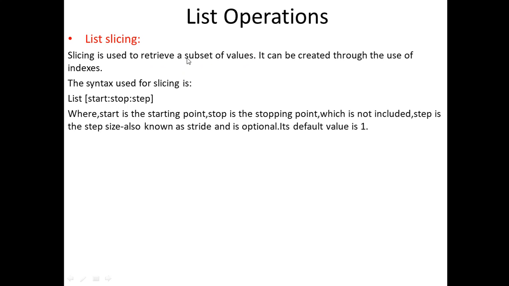There are elements of the list, and you want to extract or retrieve some values from the list, not all, because for all you can traverse the list one by one, or use the index number for a single element. But if you want to extract a subset of values, then we will use list slicing, and it can be created through the use of indexes.